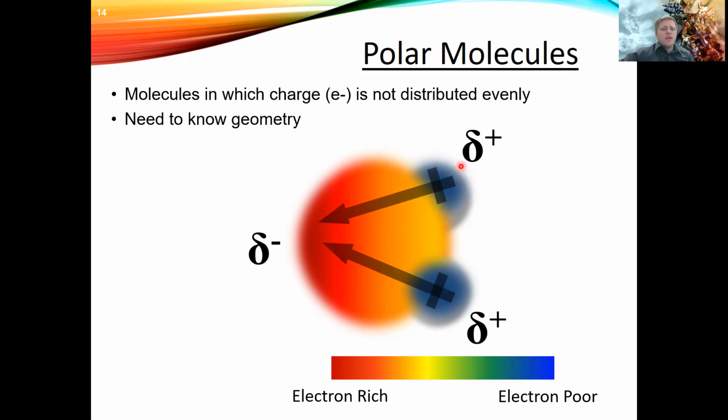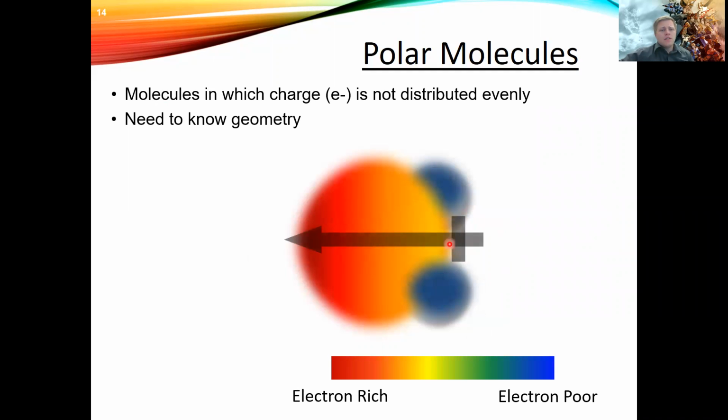Now the individual bond dipoles are going to look like this, but the overall molecular dipole is going to be an average of those other two dipoles. So the molecular dipole will point from between the hydrogens through the oxygen here. If you're trying to figure out the polarity of a molecule, you're now going to have to include this geometry idea.